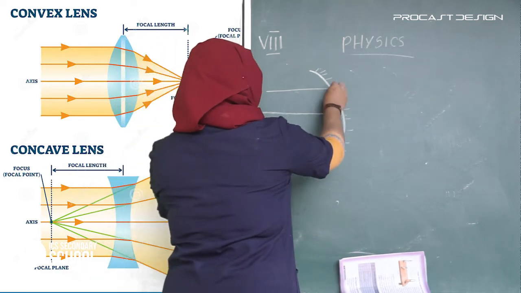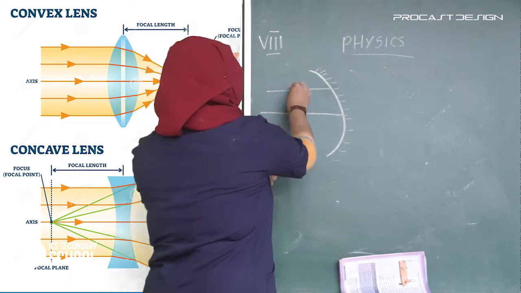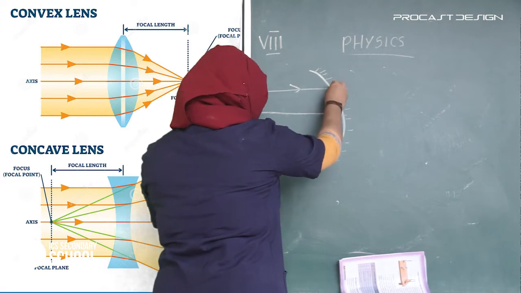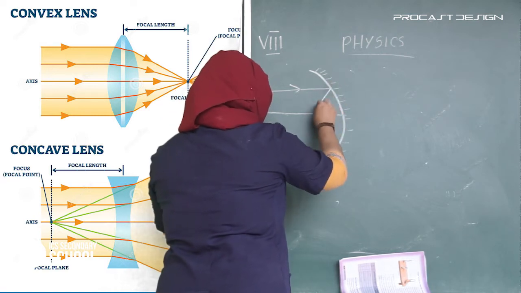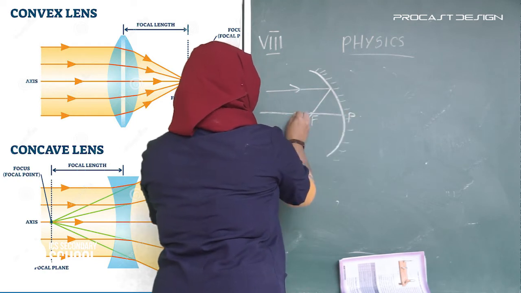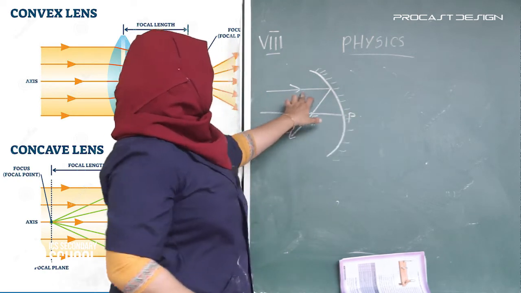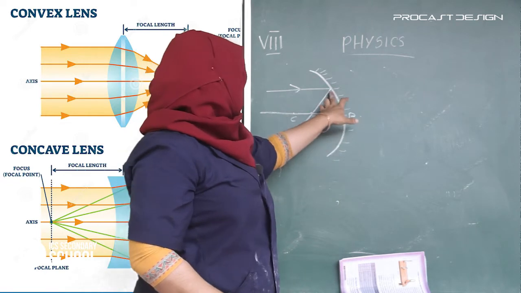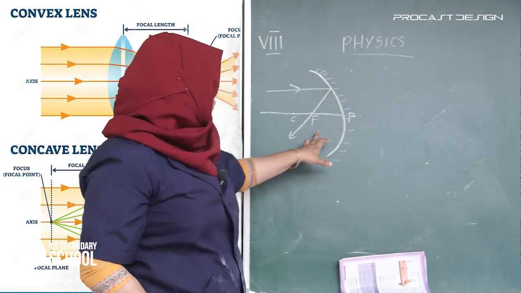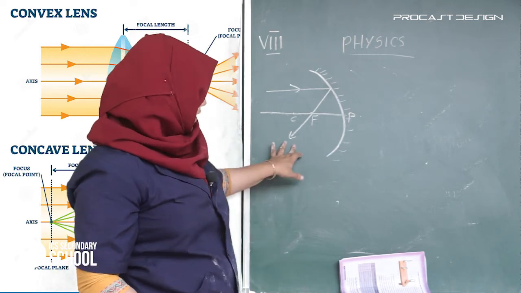This reflected ray goes through this focus. If the incident ray is parallel, the reflected ray goes through the principal focus. Okay, this is the concave mirror.